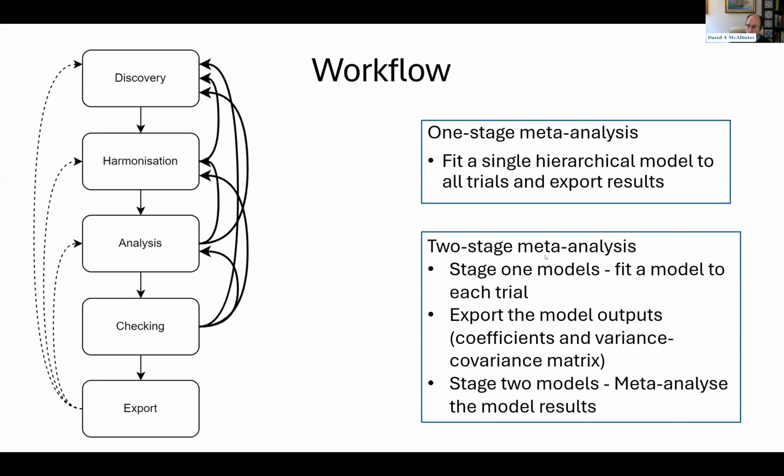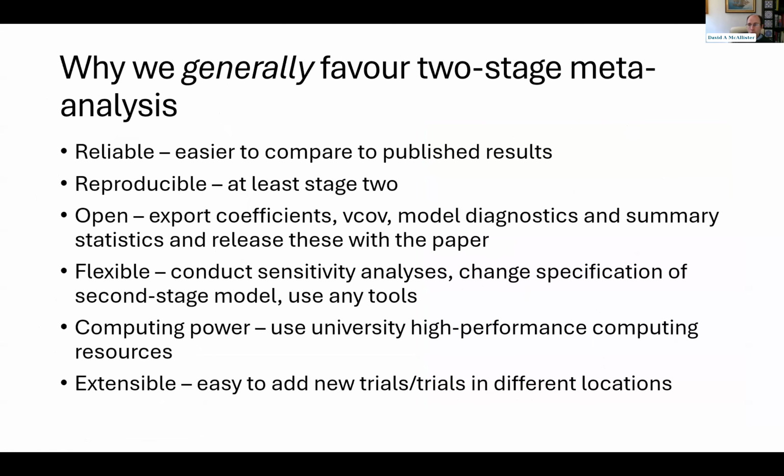The other approach is a two-stage meta-analysis where in stage one you fit a model to each trial, and then you can export the model outputs, and that means basically the coefficients and the variance-covariance matrix of the model, and then you meta-analyze those model outputs. And so those are the two main approaches. Now, we would generally favour two-stage, and this comes back to the principles that we put up earlier.